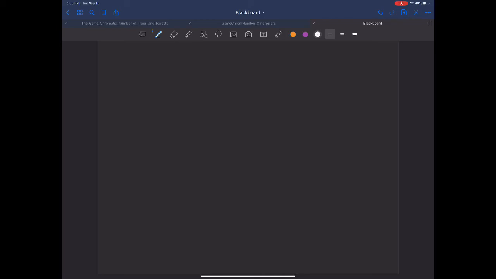We just went through contradictions, so obviously we're going to need to know how to negate these quantifiers. It's kind of nice because negating these quantifiers works a lot like the ands and the ors.